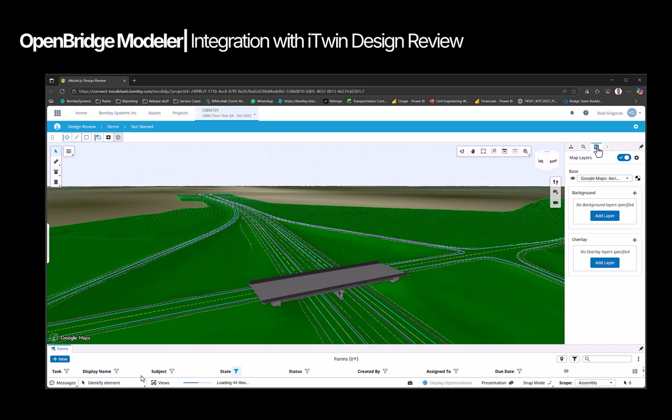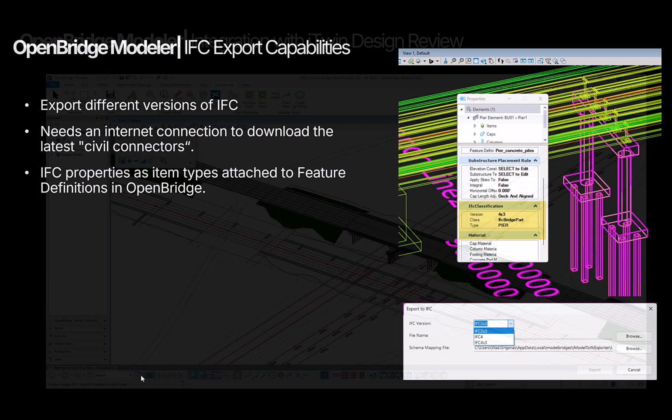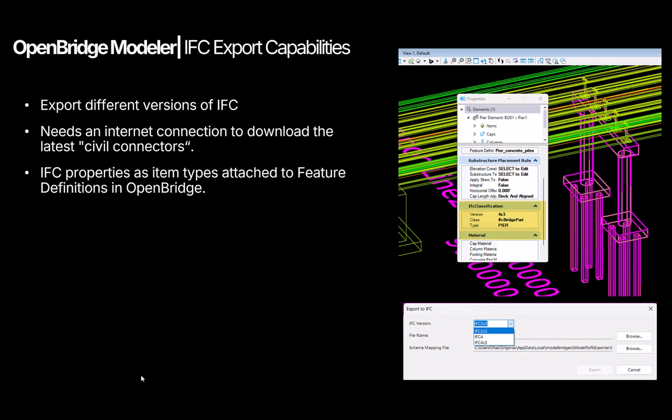Now, if we want to further share information, it's embracing a software agnostic approach, meaning that there is no DGN, there is no DWG, there is IFC. So all our files with all their properties generate an IFC file.